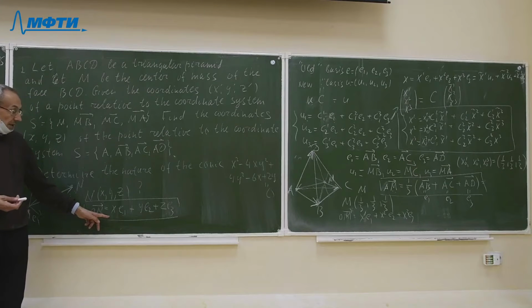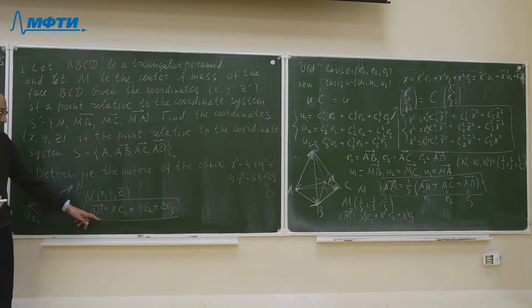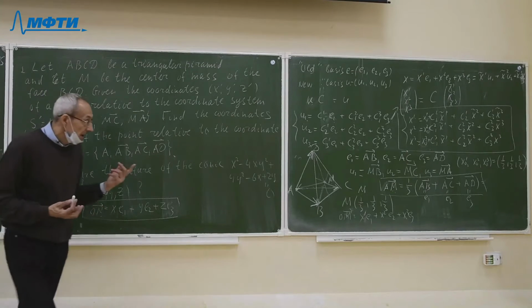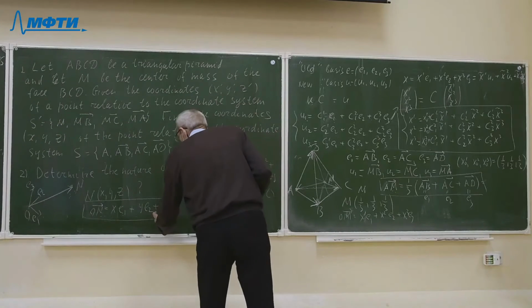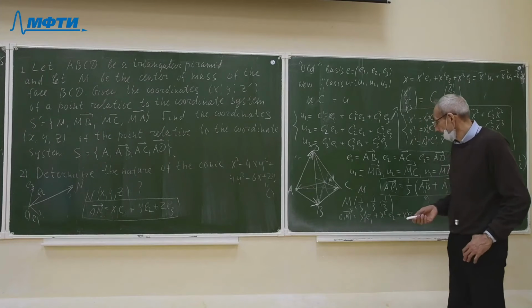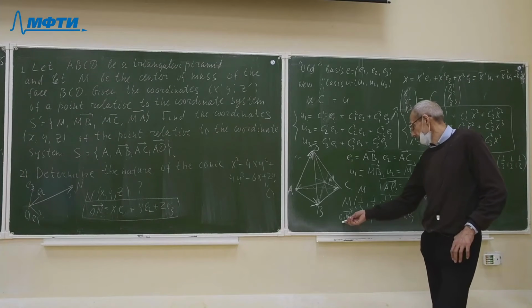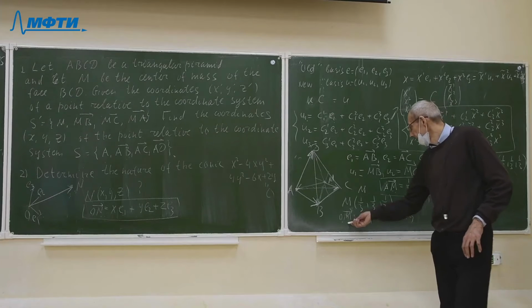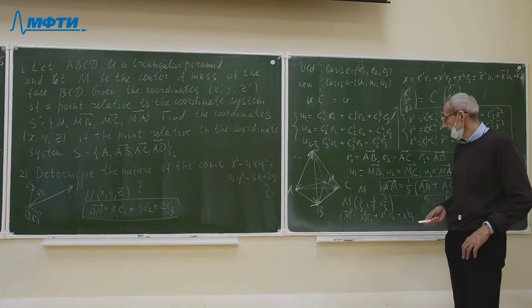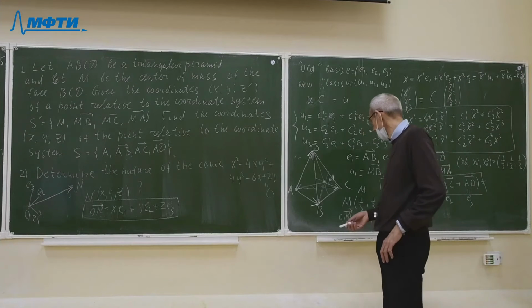These coefficients are called the coordinates of the vector. Using this main definition, we try to express the vector OM in terms of the basis vectors E1, E2, E3 of the old coordinate system.